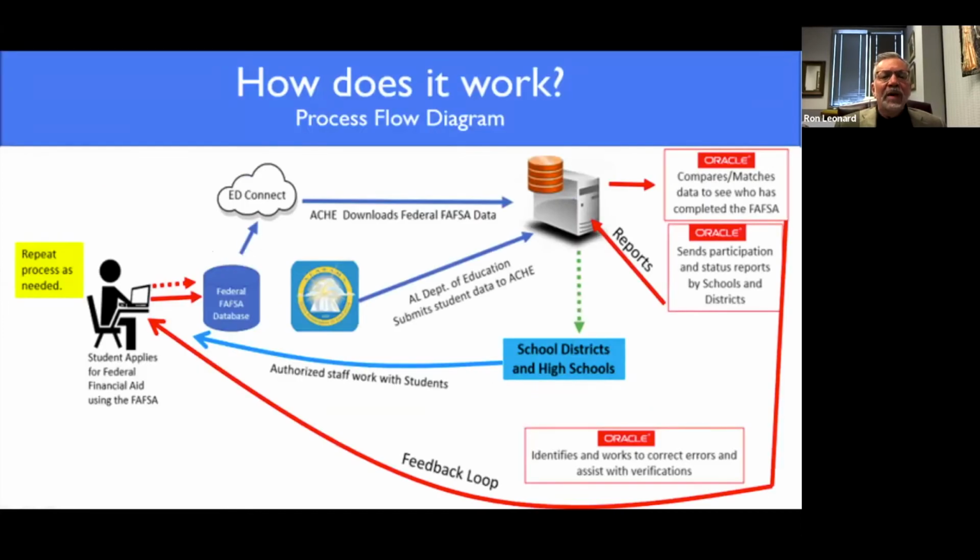Next slide, please. Here's an illustration of how the process works. As you can see over on the left, the student will submit the FAFSA. 9 times out of 10, the student's going to be doing it electronically. That will go to a database at the US Department of Education. We download the information from the federal government, and we also get information from the Alabama State Department of Education.